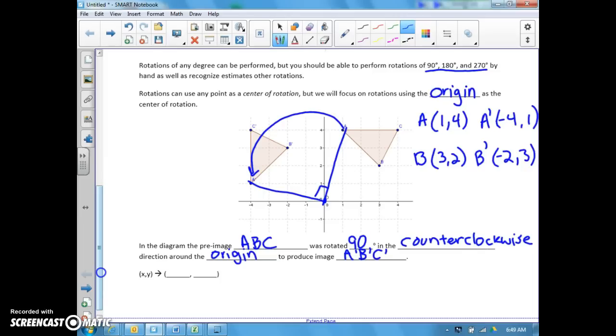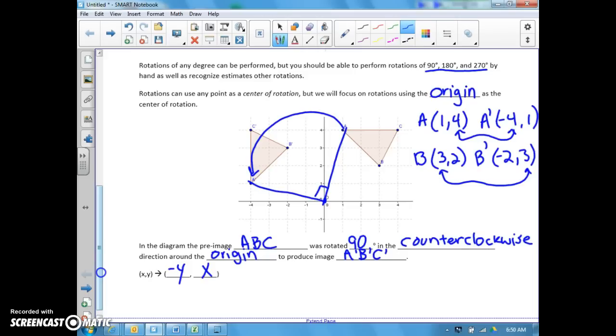What looks like is happening is my new x value appears to be similar to the y value, but it's the negation of the y value. So I think this value here must be -y. And my new y value appears to be exactly the same as the beginning x value.